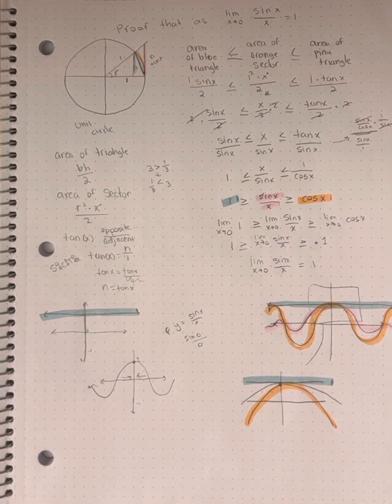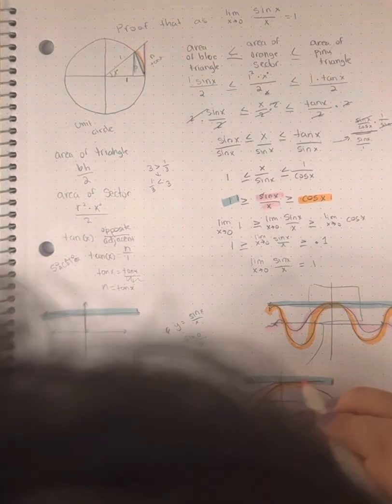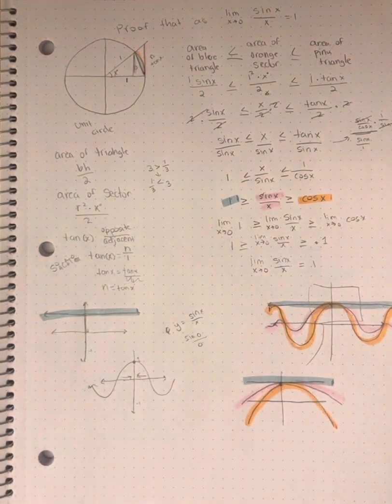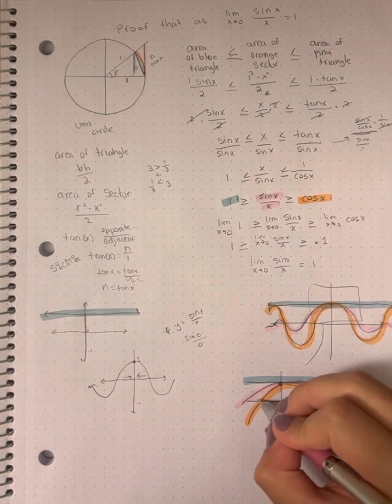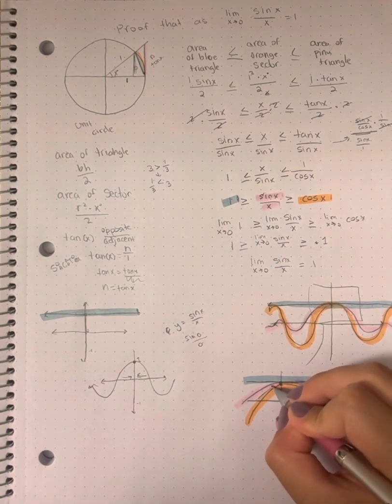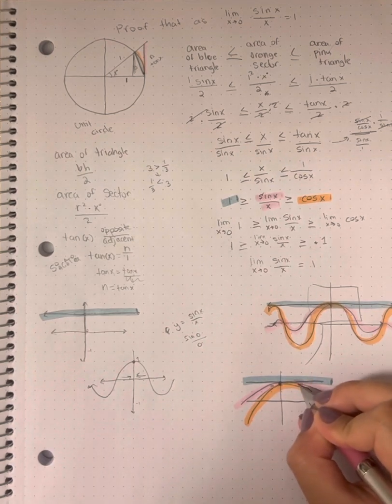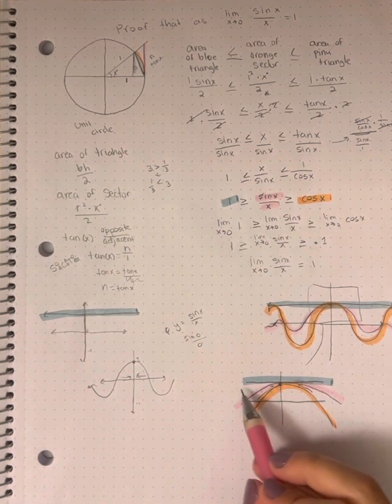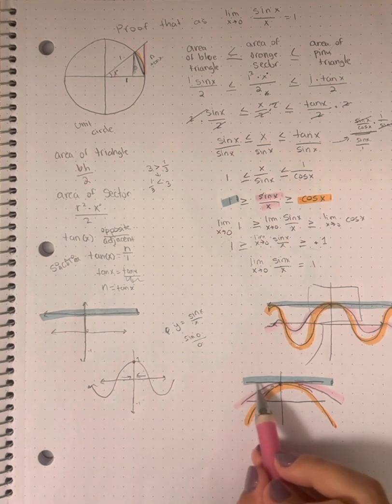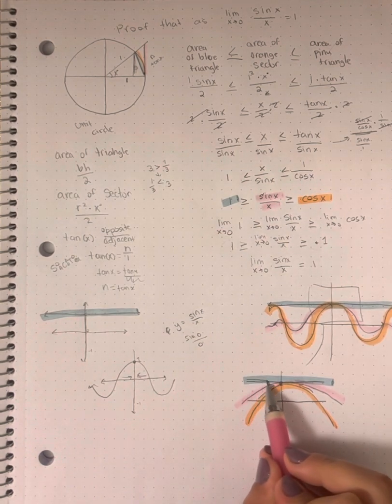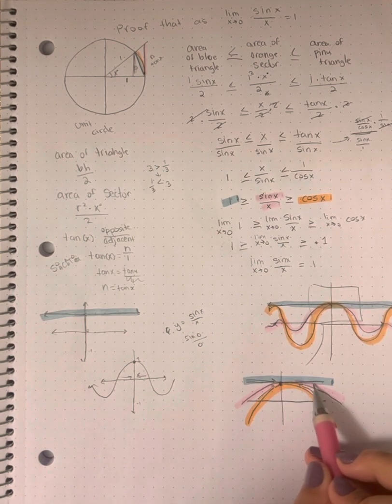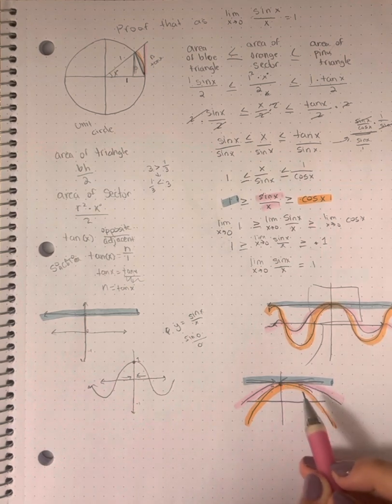We can see that this cosine graph is compressing our sine graph so that it goes towards 1, and our y equals 1 graph is also compressing from above.